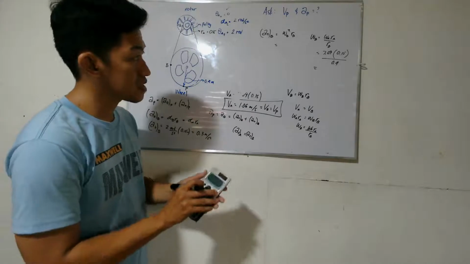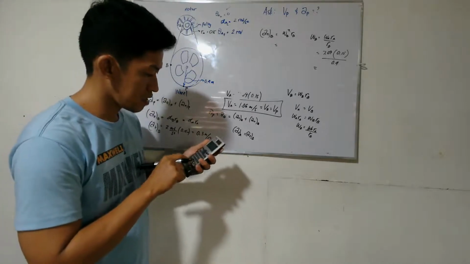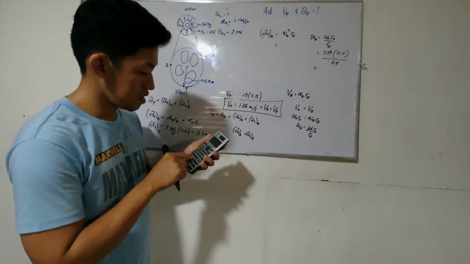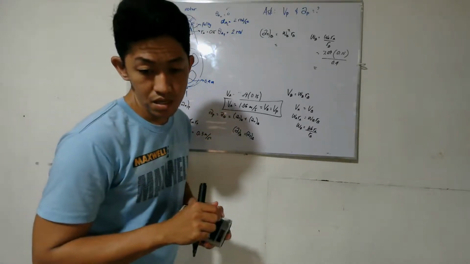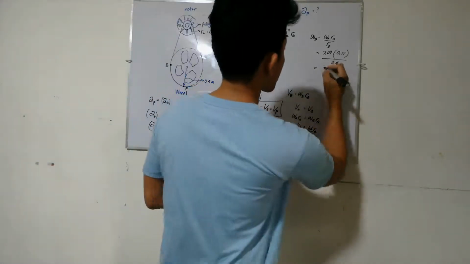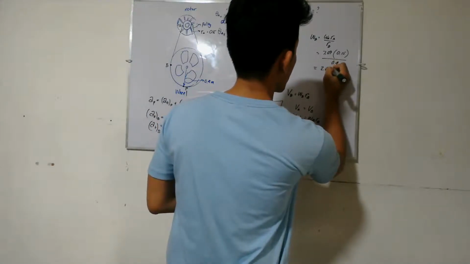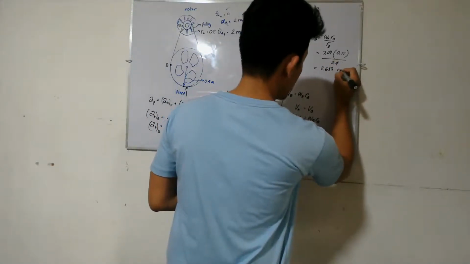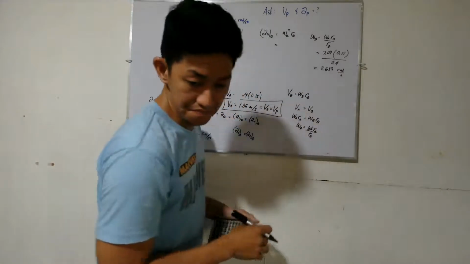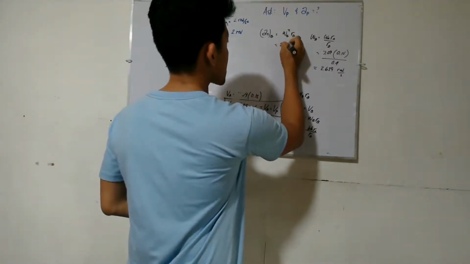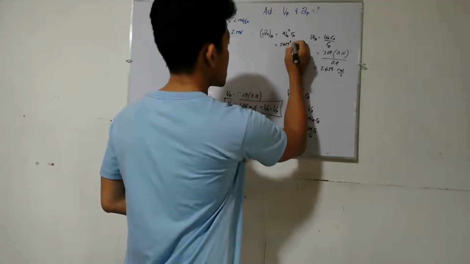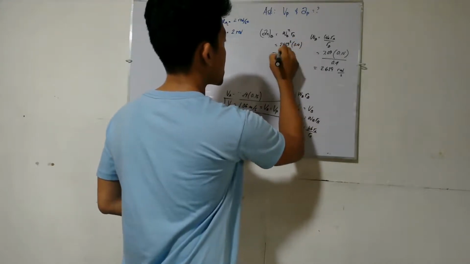This is just 2.659. The unit is rad per second. Okay, so 2.659 squared times 0.4.